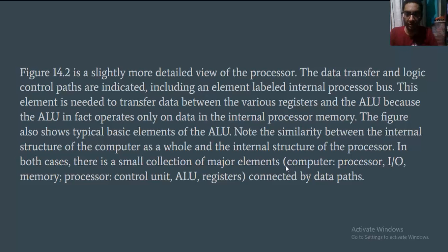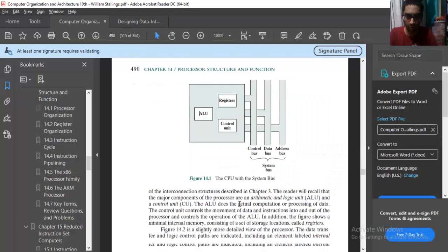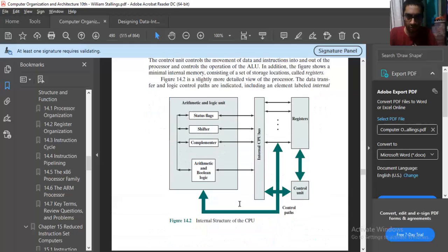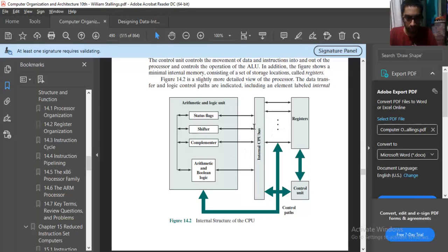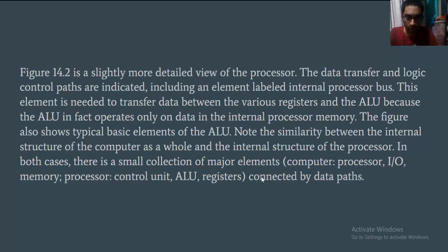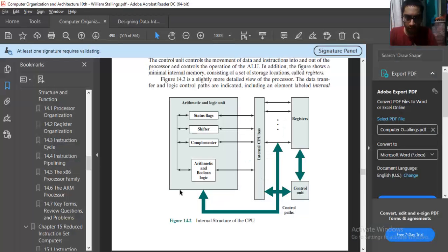Figure 14.2 is a slightly more detailed view of the processor. Data transfer and logic paths are indicated, including an element labeled internal processor bus. Data transfer happens through these lines.